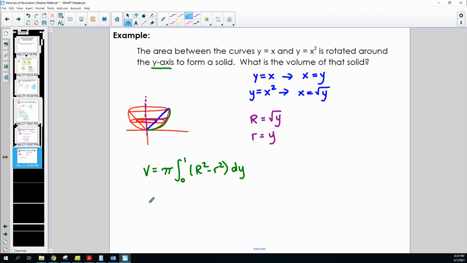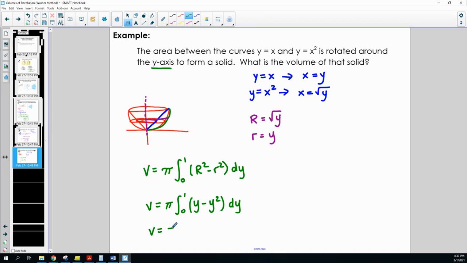So now again, I'm just going to plug it in because it's easy to do by hand. So the integral from 0 to 1, so big R squared, so big R is square root of y. If I take the square root of y and I square it, I get y. Little r is y. If I square it, I get y squared. And then again dy.